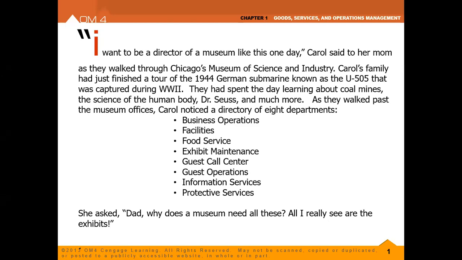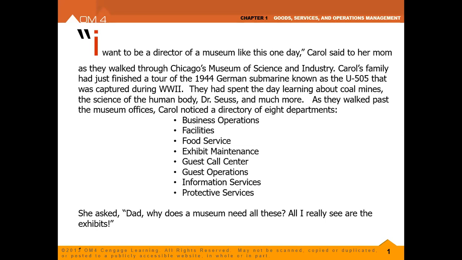They had spent the day learning about the coal mines, the science of the human body, Dr. Seuss, and much more. As they walked past the museum offices, Carol noticed a directory of 8 departments: business operations, facilities, food service, exhibit maintenance, guest call center, guest operations, information services, protective services.